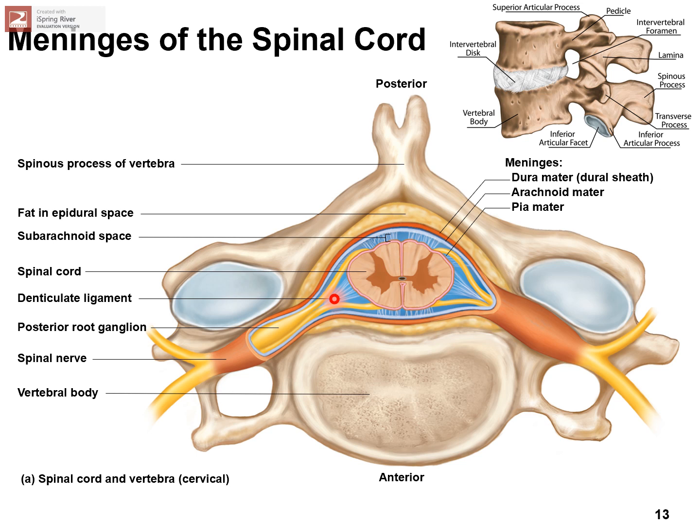The anterior and dorsal roots merge to form a spinal nerve, and then they pass out of the vertebral column through the space known as the intervertebral foramen.